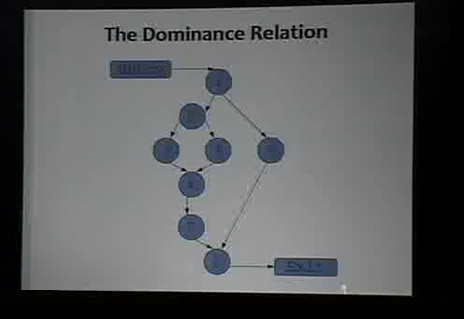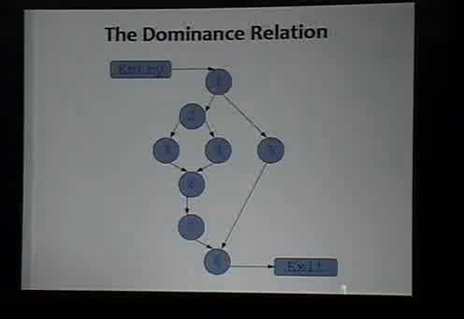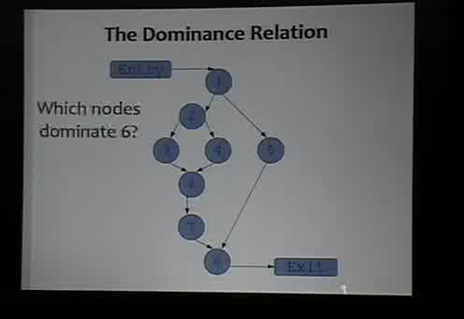For example, 1 is going to dominate everything in this graph because you have to go through node 1 to get to anything else, right? Which nodes dominate 6? Well, 2, 1, and entry, right? 3 and 4 don't dominate 6 because you don't have to go through either one of them to get to 6. Does that make sense?